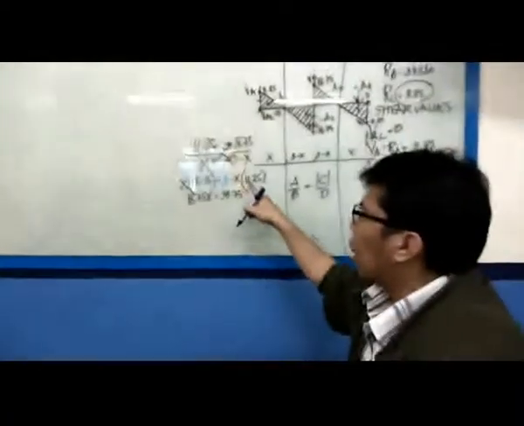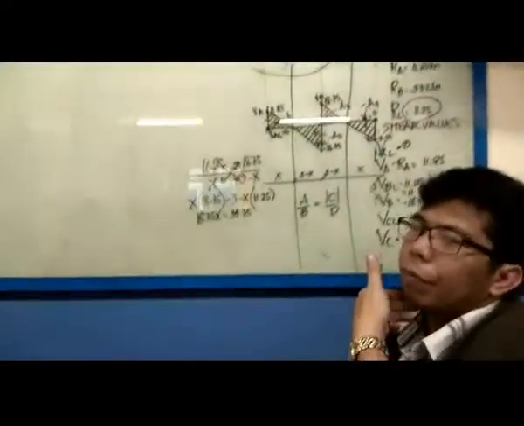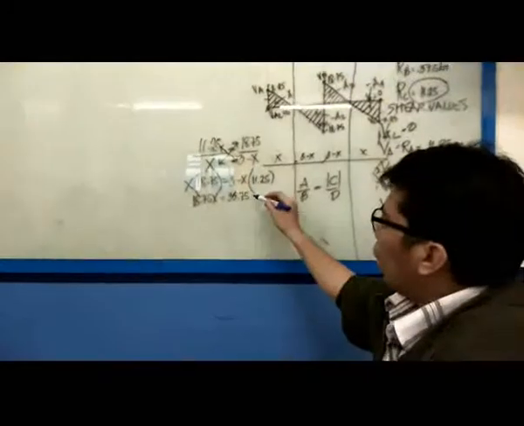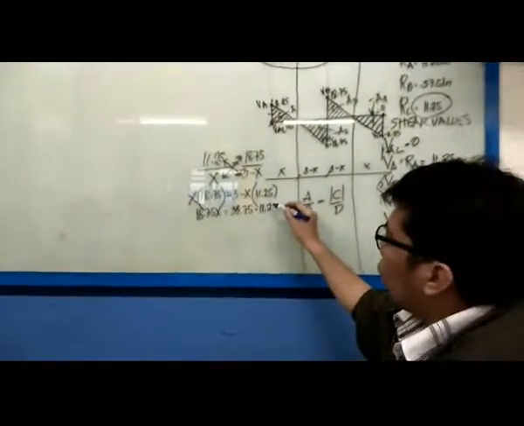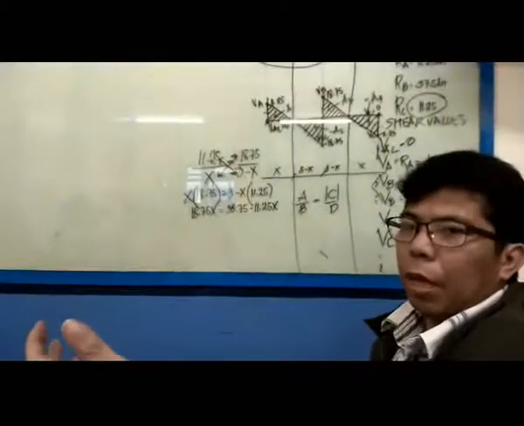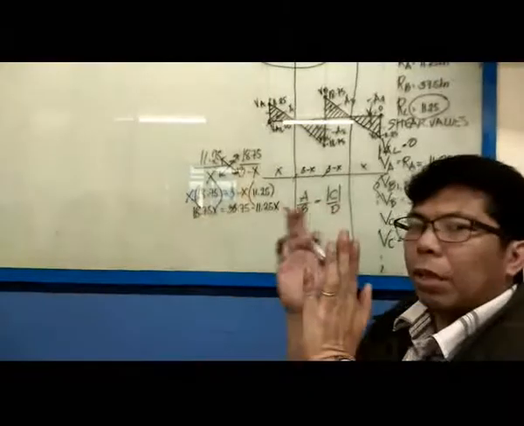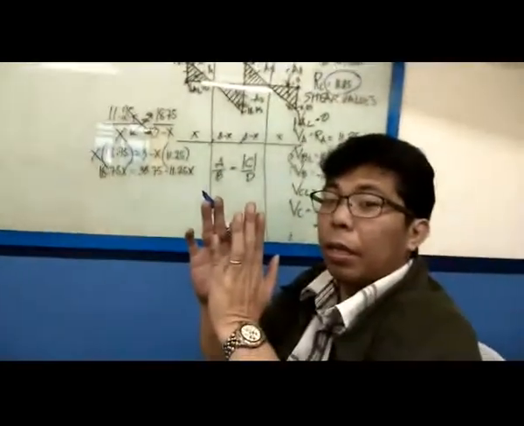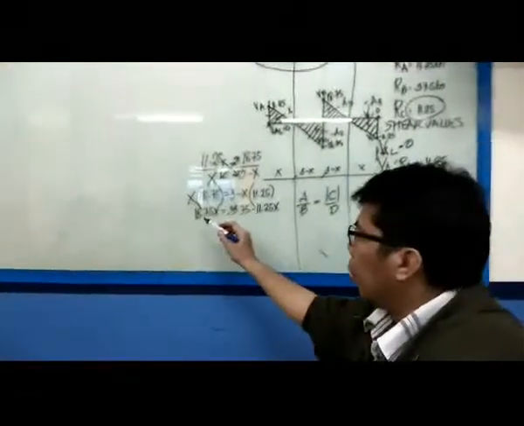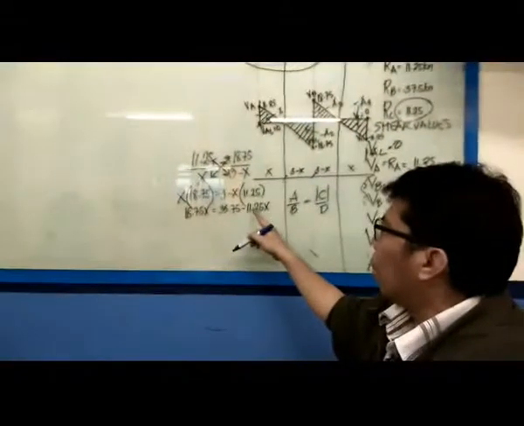So, negative x times 11.25, negative 11.25x. So, sa algebra, kapag like terms, pagsasamahin. Okay? Yun ang rule doon. So, we have 18.75x and negative 11.25x.